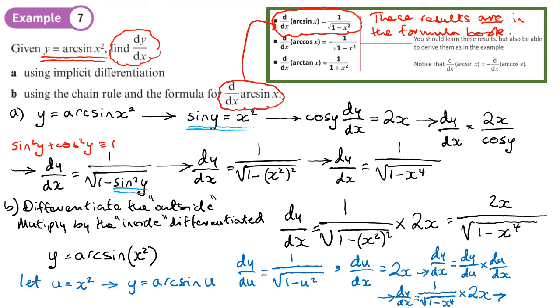So we get the same result as before. So if you want to use the notation, doing the chain rule that way, rather than just my quick hack method, which is differentiate the outside, multiply by the inside differentiated, and you want to use du dx, dy du, and do the chain rule this way, then that's an alternative way to do it using this proper notation.